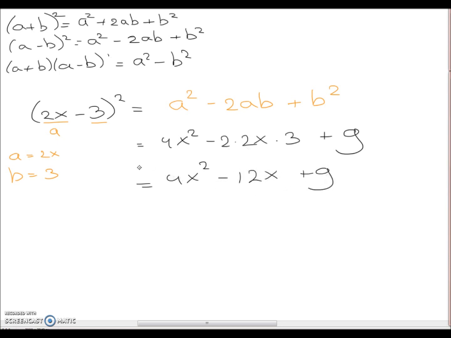We didn't need to write down the whole multiplication (2x minus 3) times (2x minus 3) and then multiply out brackets. We know the remarkable product, so we can use it right away.